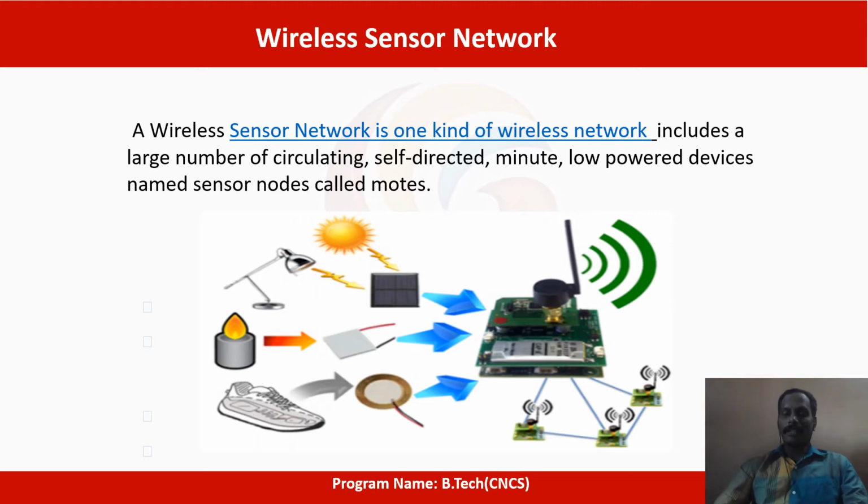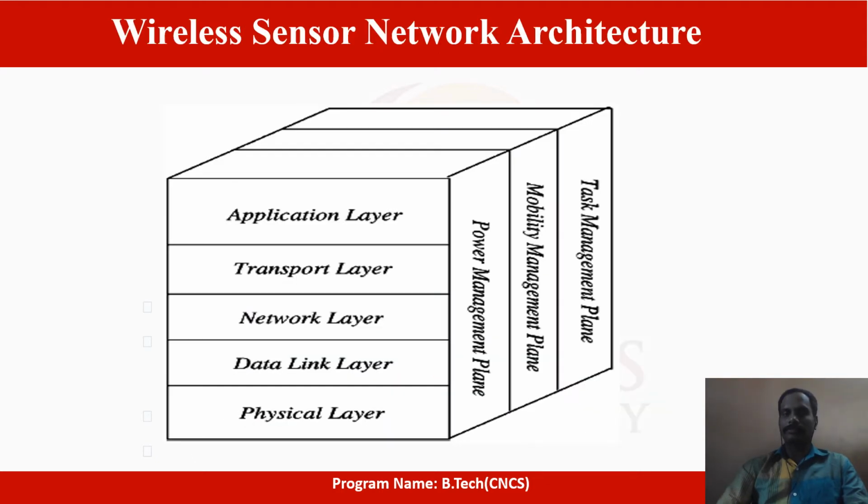It is a collection of sensor nodes that collect data from the surroundings and achieve their specific application objectives. The communication between the nodes is done using a transceiver. In a wireless sensor network, the number of nodes can be on the order of hundreds or thousands.